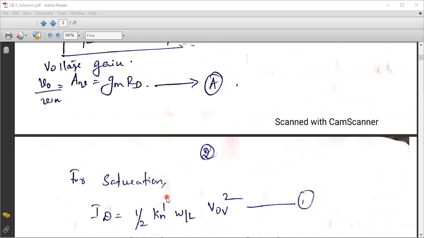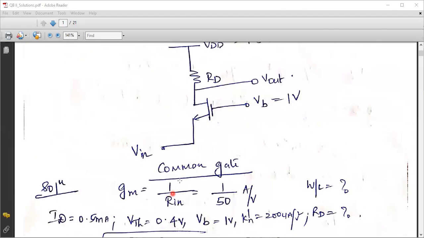So what is VGS? VGS is the potential difference between the gate and source. If you take the gate terminal, what is the voltage? It is 1 volt, which is your bias voltage. And the source terminal voltage is nothing but the input, V in.